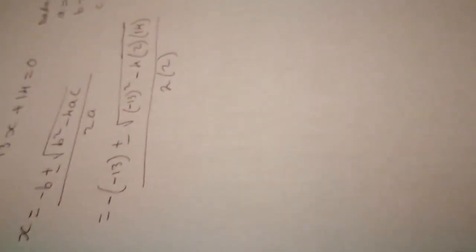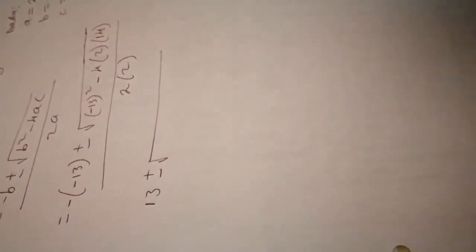Evaluating, negative and negative give us positive 13 plus or minus the square root of negative 13 times negative 13, which is positive 169.